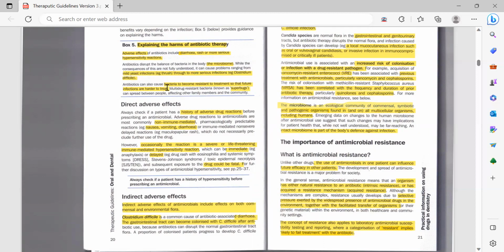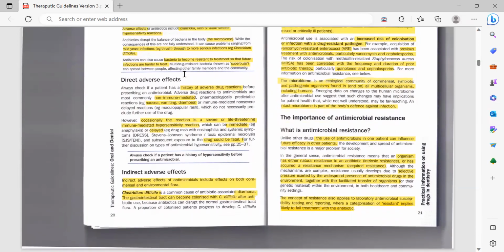Antibiotics can also cause bacterial resistance, and can change the microbiome and make the patient prone to infections like thrush or Clostridium difficile infection, and can cause hypersensitivity, diarrhea, rashes. So you need to explain these things to the patient when you prescribe the antibiotic.